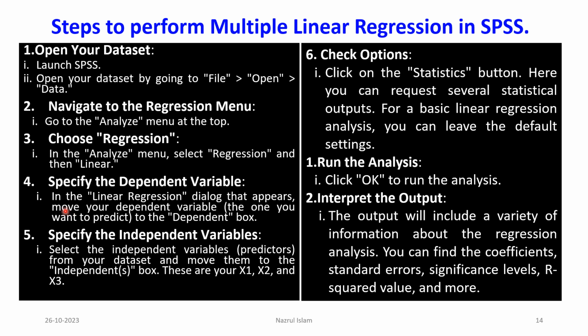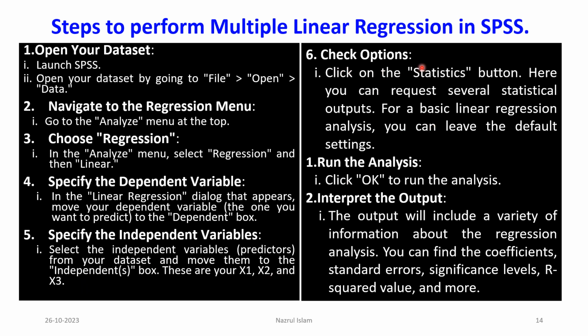Now in step 4 you have to specify a dependent variable. As you know, y is the dependent variable, and your dependent variable should go to this dialog box. And in step 5, select the independent variables, predictors, from your dataset and move them to the independent box. These are x1, x2 and x3.